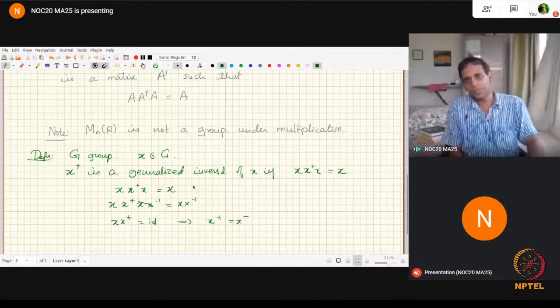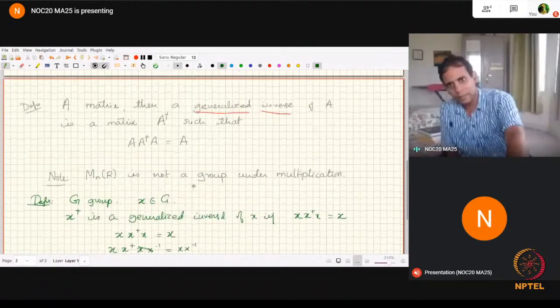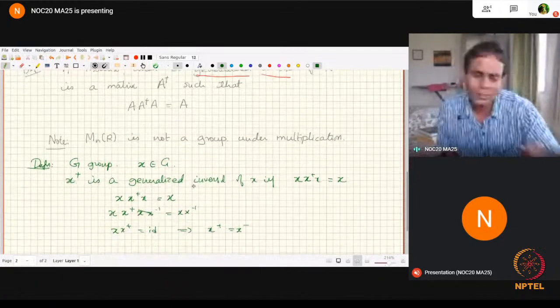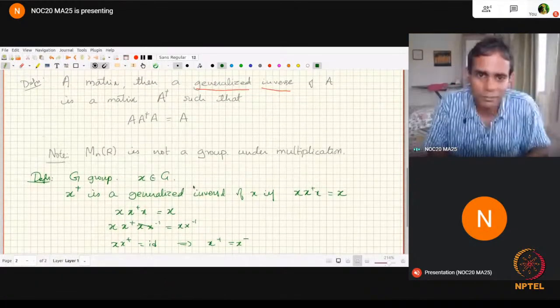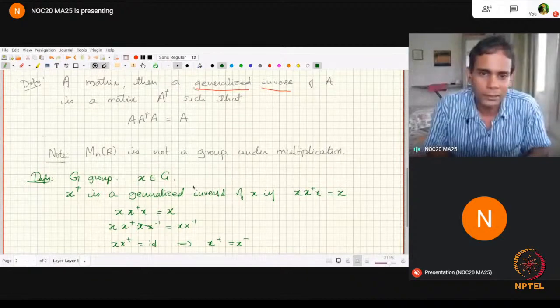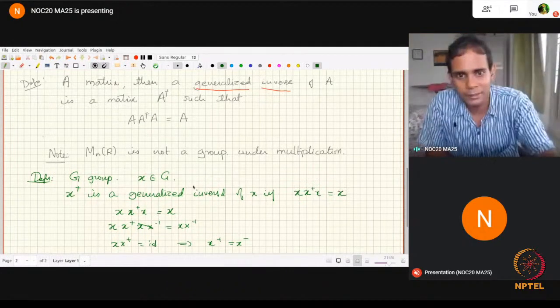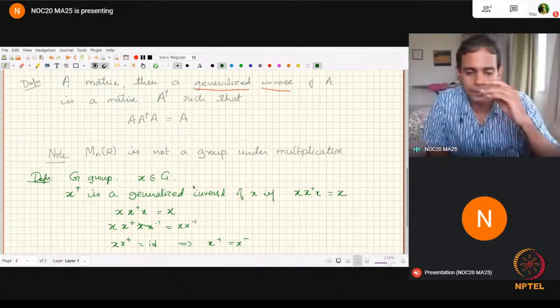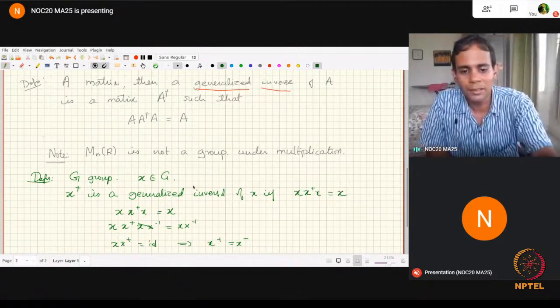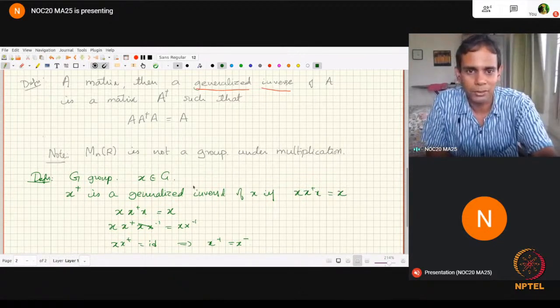So these kinds of generalized inverses do not give you any new concepts in the context of groups. However, they do give you very interesting things in rings in general and especially in matrices. But I won't go any deeper into these because it's not really pertinent to this part of the course.